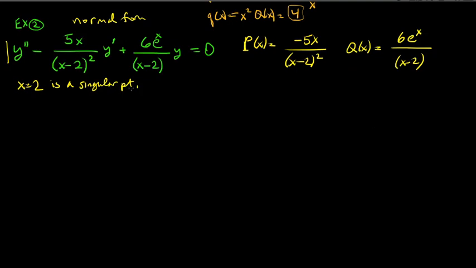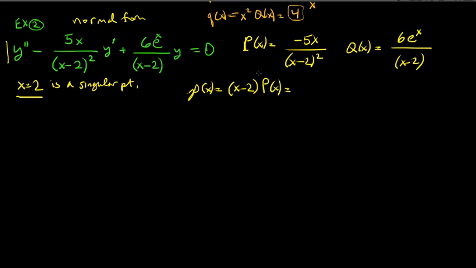Is it a regular singular point? So x equals 2 is a singular point. Is it regular or irregular? Well, we have to multiply. So we're going to try lowercase p here. Lowercase p of x is going to be x minus 2 times capital P of x.